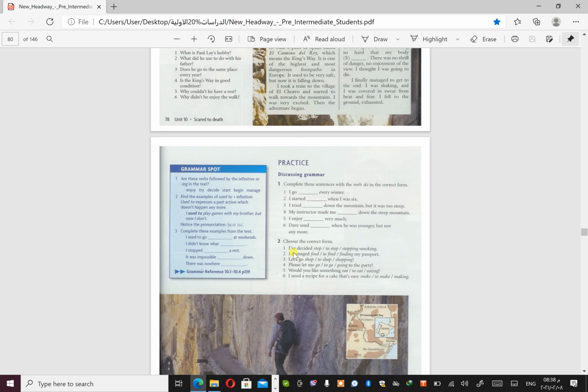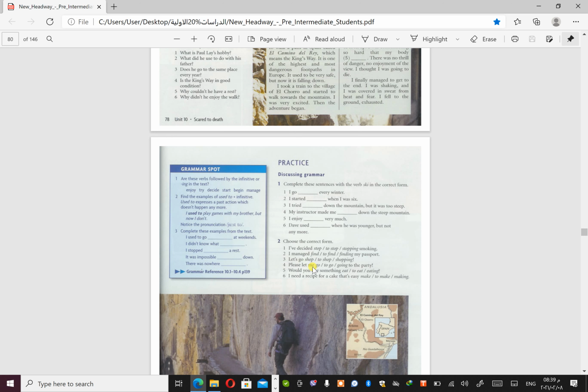For example, here I have decide, stop. Here number 2, choose the correct one. Since I have decide, what I have to use is to stop. I manage, so I manage to find, okay? Well, here, let's go. Since we have the verb go, the verb must be -ing: go shopping. And here, please let me go.